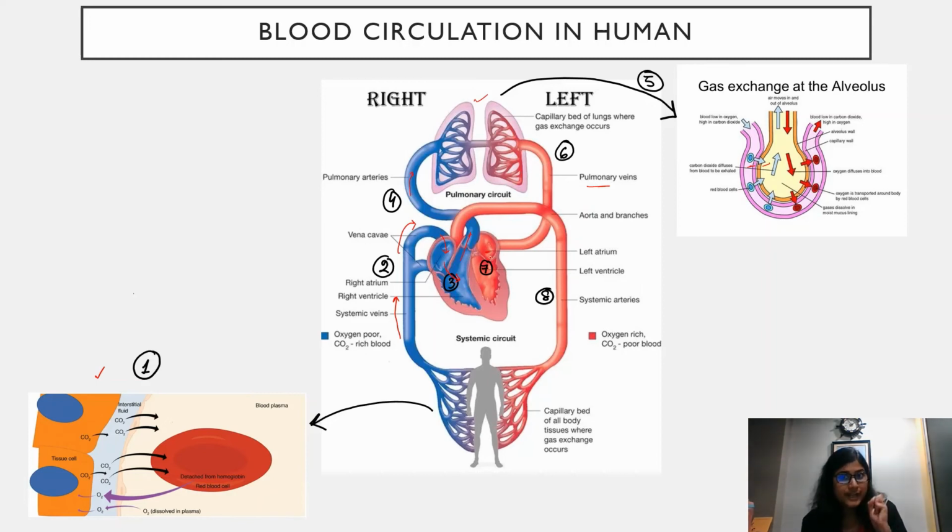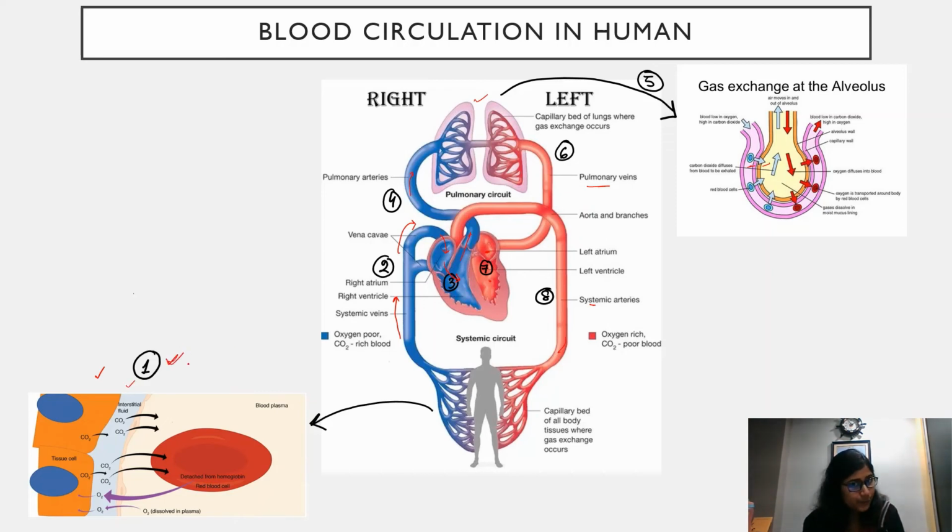Then the left atrium contracts and the oxygenated blood moves to the left ventricle, and then the left ventricle contracts and this oxygenated blood travels through the aorta and then to the arteries and then again to the capillary system and then from capillary to the tissues.